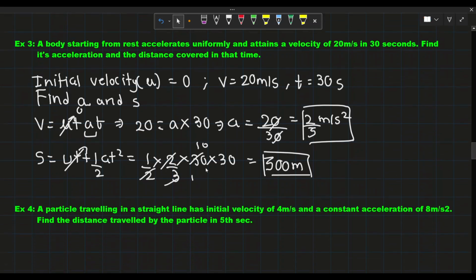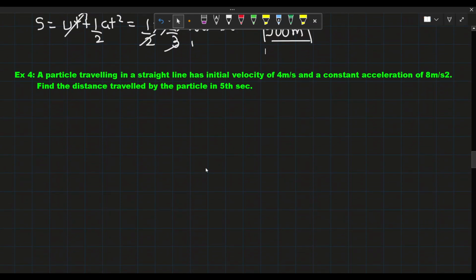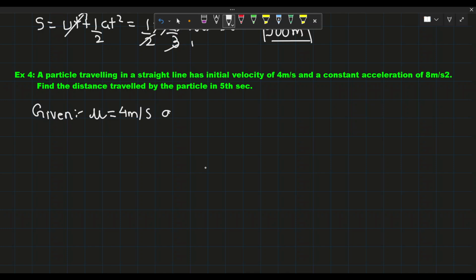Let's solve another question. A particle traveling in a straight line has an initial velocity of 4 meter per second and a constant acceleration of 8 meter per second square. Find the distance traveled in the 5th second. Okay, so we'll have to use the fourth equation which I told you. Let's first write what's given to us. We have been given the initial velocity, which is 4 meter per second, and acceleration, which is 8 meter per second square. Find the distance traveled in the 5th second.